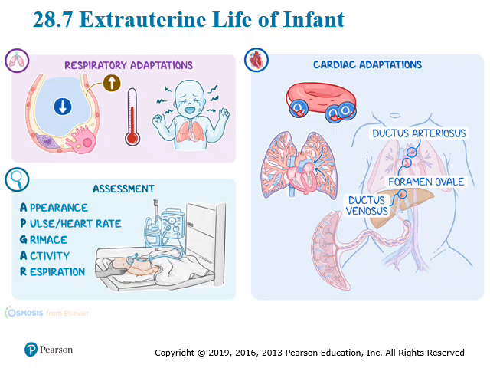This usually stabilizes with waking periods occurring every 3 to 4 hours. So the baby is getting used to the adaptation, and all of these cardiac adaptations will close up so that it will go into its normal blood circulation.